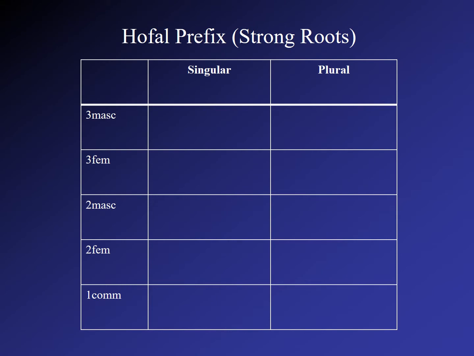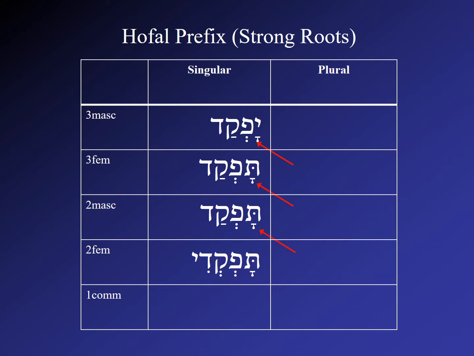Let's look now at the forms of the Hofal prefix. Third masculine singular, Yofkad. Here we have a U-class vowel, the qamets qatuf. In the Hifil, of course, we have Yafkid. In the Hofal, Yofkad. Notice this A-class vowel here. Yafkid in the Hifil, Yofkad in the Hofal. So then we can run the rest of the paradigm. Tofkad, Tofkad, Tofkedi, Ofkad.